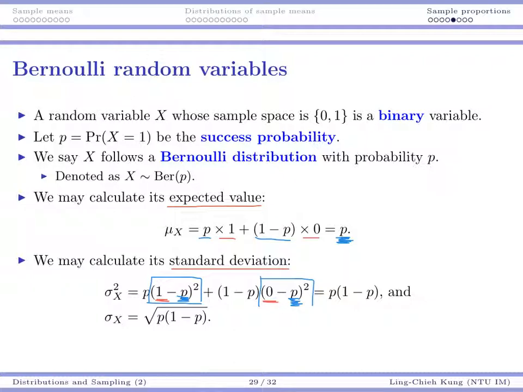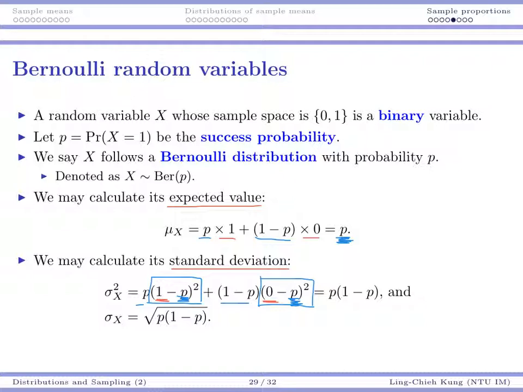You calculate the deviation, square them, and then use their probabilities to do a weighted average. Once you repeat this, you're going to get P times 1 minus P by doing some arithmetic. So that means when you try to collect one value, you have some randomness, and the variability is measured with this variance, P times 1 minus P. Once you have it, your standard deviation would be just the square root of that.